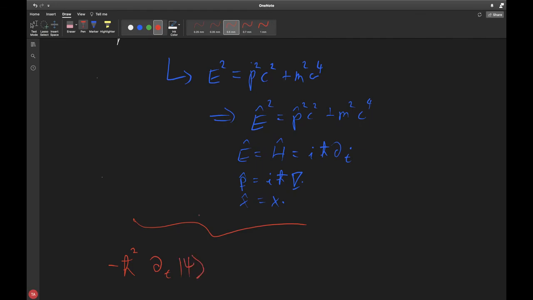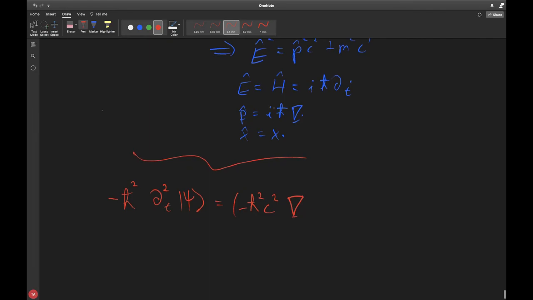However, now we have it twice, so this is squared, so we do the time derivation twice, is the same as the h bar squared c squared del nabla squared plus m squared c to the power of 4, and this is multiplied with the state.